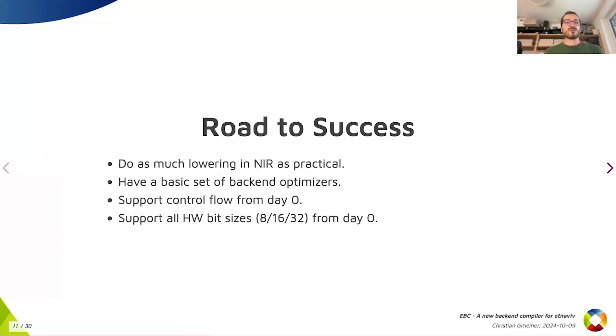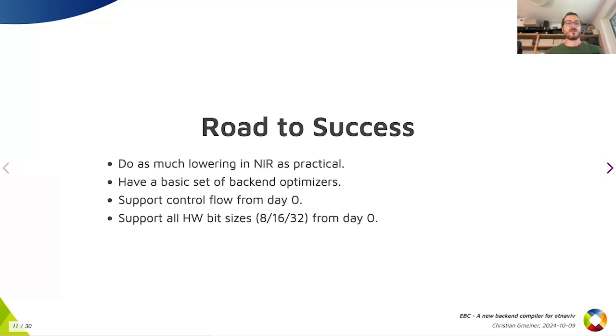By lowering operations in NIR, I can take advantage of NIR's optimizers, which do all the hard work for me, and I do not have to repeat the same optimizers in my backend compiler. NIR is also so flexible that it allows hardware-specific intrinsics and makes life really easy for a compiler developer.